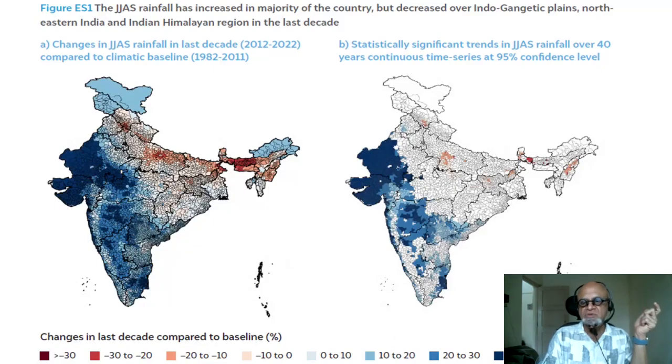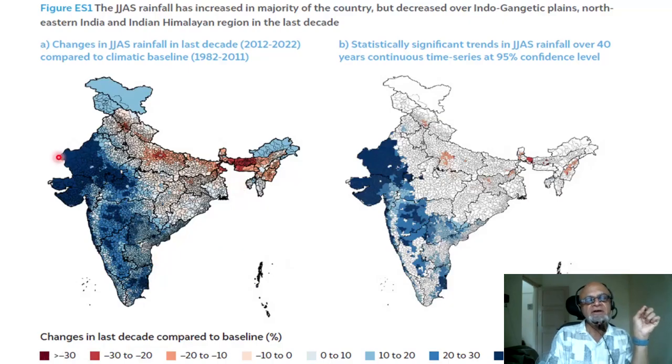So these are the numbers here, a percentage change of greater than 30% and less than minus 30% when you have the dark red colors. Let's say this is mostly in the 20 to 30% deficit or decrease over this decade.